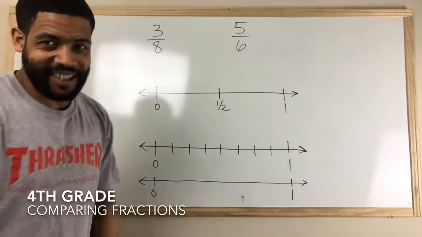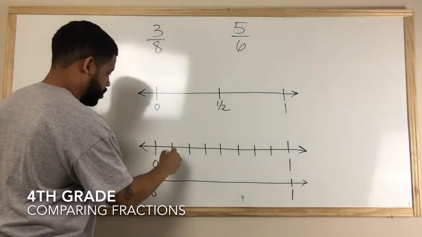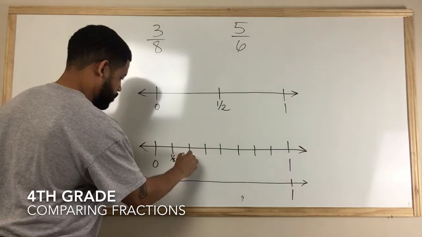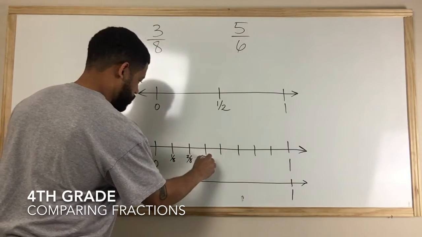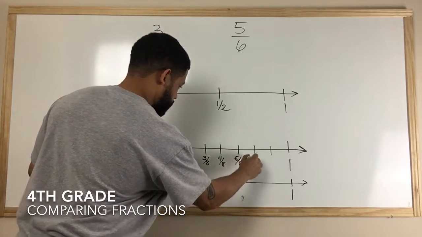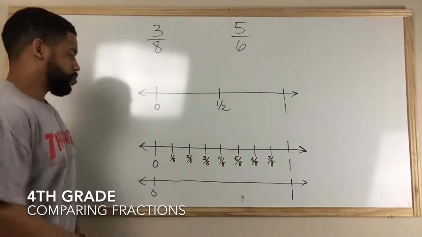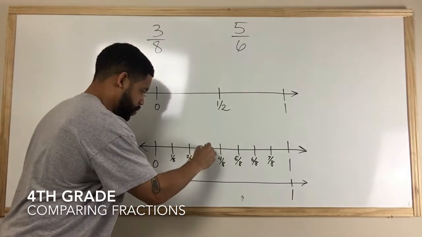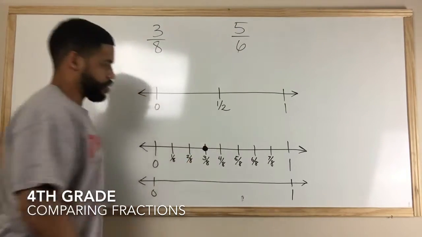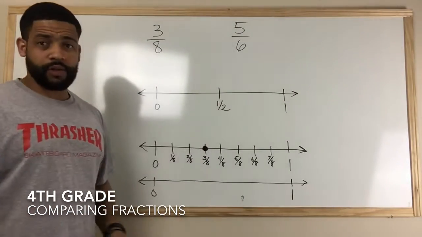So this is 0, 1/8, 2/8, 3/8, 4/8. All right. So 3/8 is smack dab right there. So 3/8 is smaller than 1/2, okay? 3/8 is smaller than 1/2.